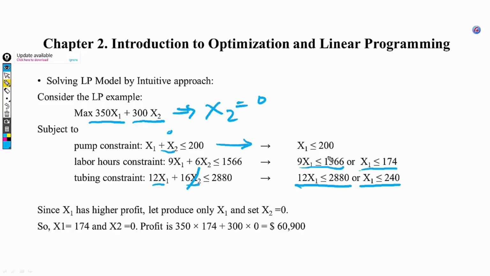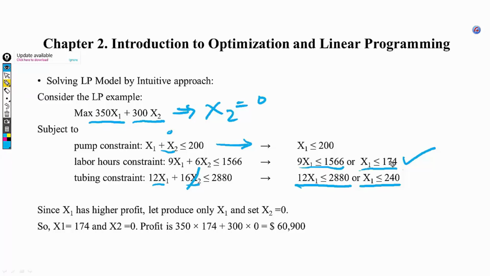So I have 3 values for x1. x1 is less than 200, x1 is less than 174, and x1 is less than 240. Because 174 is less than all of these numbers, this number is the right number. And this number satisfies all other numbers. For example, 174 is less than 200 and 240.